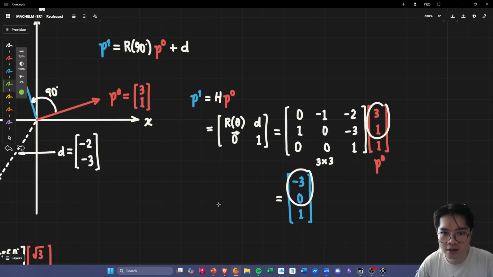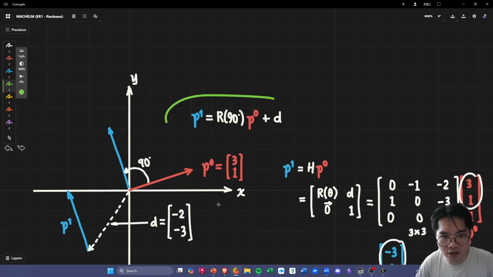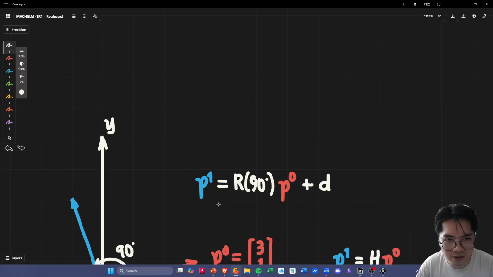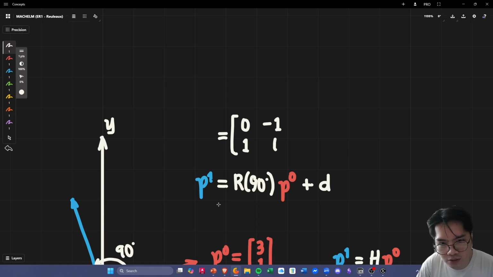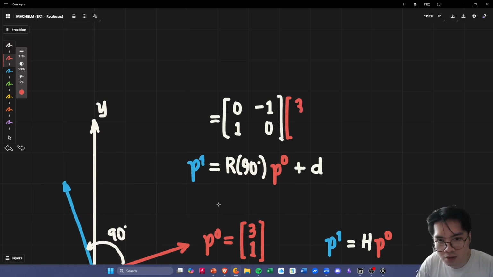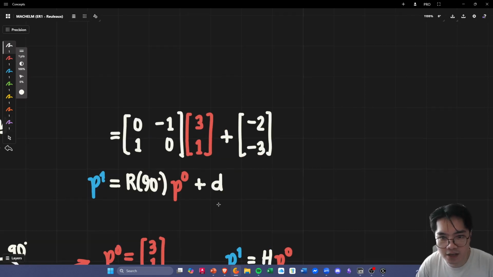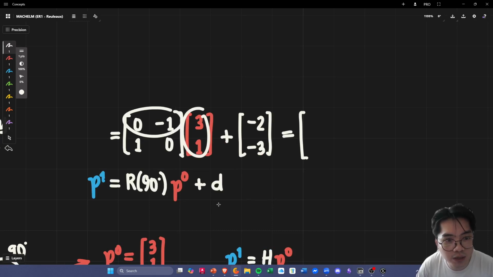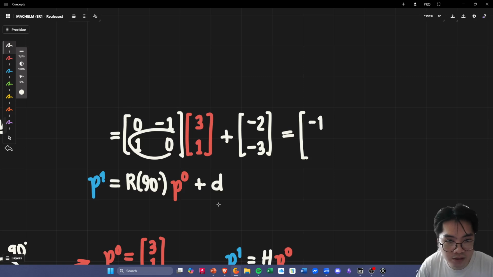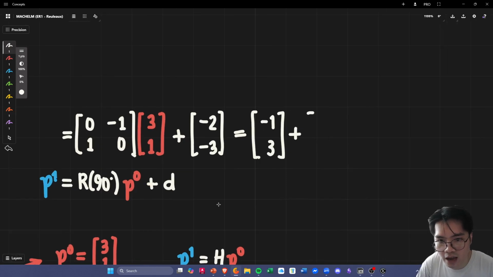So indeed, we have translated and rotated this thing up until a point where we can now model it with one matrix. And honestly, you can try and do the same thing here. Let's do it very quickly. 0, negative 1, 1, 0. You will have here an original of 3, 3 and then 1. And then plus your negative 2, negative 3. This times this will be negative 1, and then this times this will be 3. Then you can just add them together.